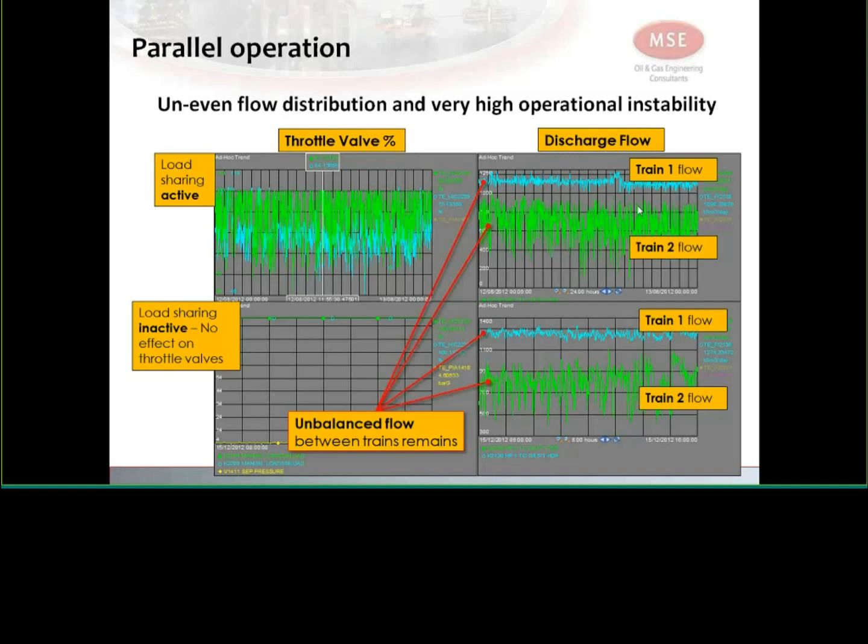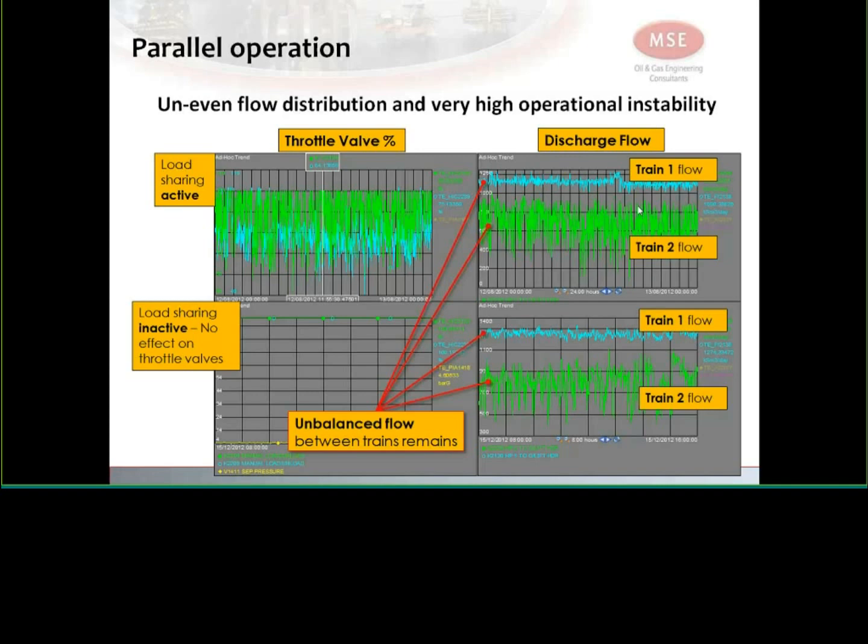That is when we did performance analysis of the compressors and figured out that the two compressor trains have historically had different performance and therefore could never match flows through the conventional load sharing method. Then we wanted to see if that was the only contributor to the problem.